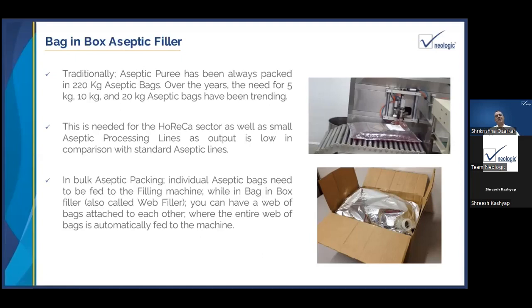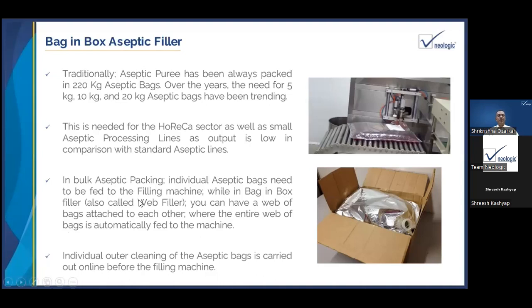The rest of the bags will be automatically fed to the machine, and they will also be automatically cut by the machine. So there is less human intervention in the bag-in-box or web filler machine. This is a typical development in aseptic processing and aseptic packing of pulp or puree.